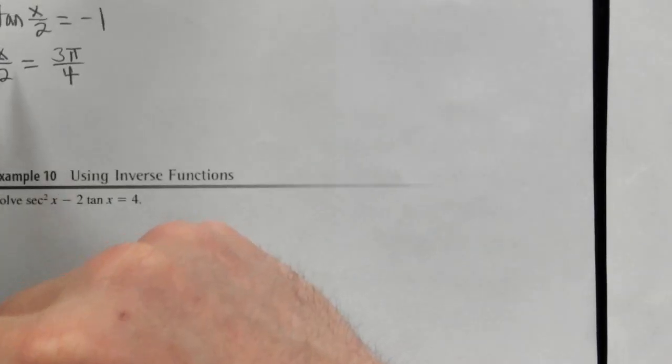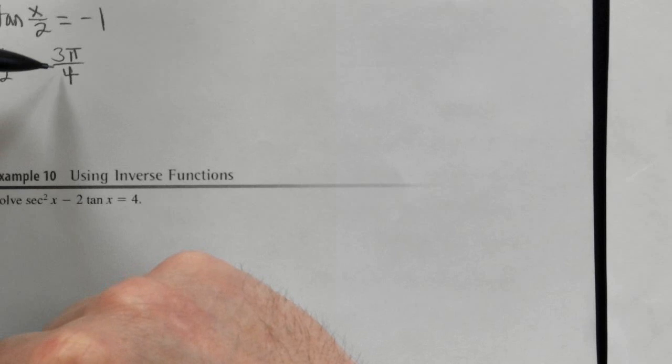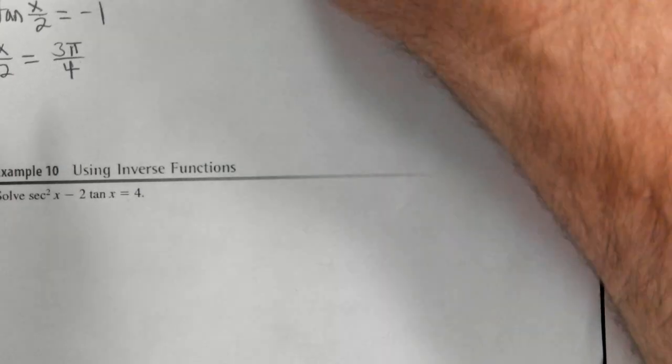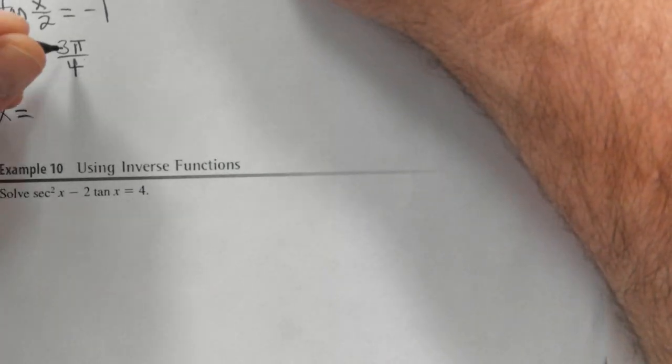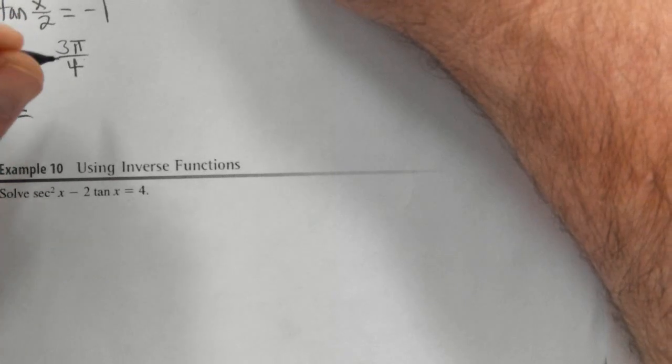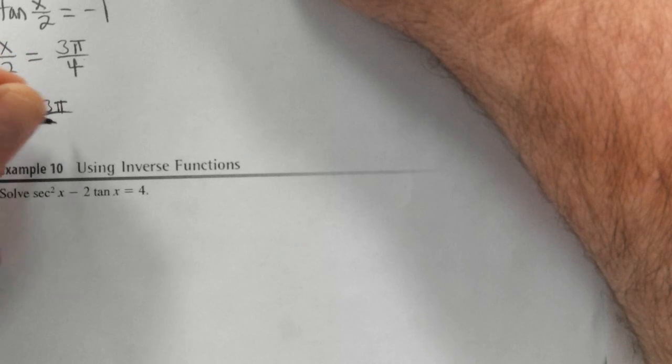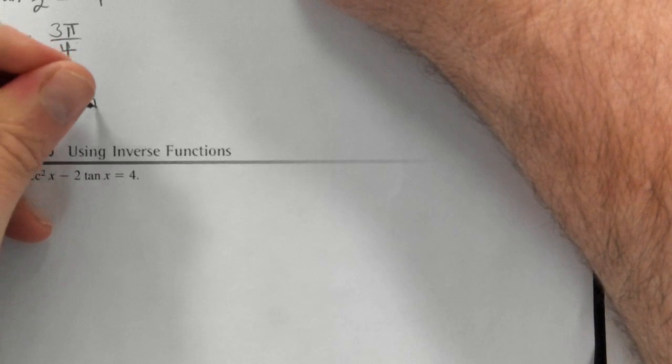Now remember, this is what x over 2 is equal to. So if I wanted to finish solving that for x, I would have to multiply both sides times 2. And when I do, I'm going to get x is equal to 3 pi over 2. So multiply both sides by 2, and there is your answer for x over the interval.